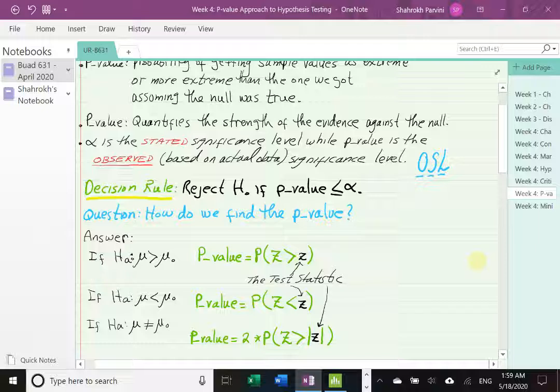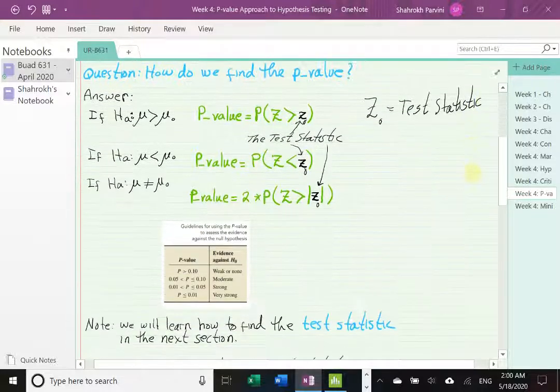I'm just going to put a subscript here, z naught. Here z naught is our test statistic, the value of our test statistic, and our test statistic, remember, is based on the actual data. So this is how it's found if you want to do it by hand, but don't worry about this.